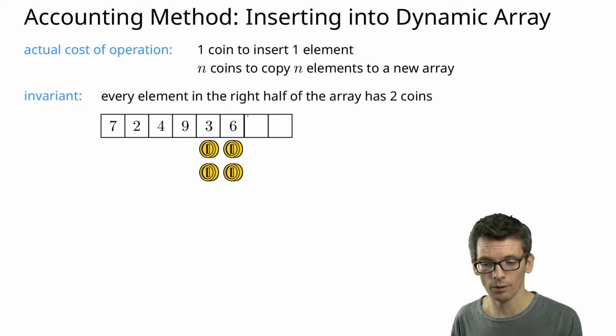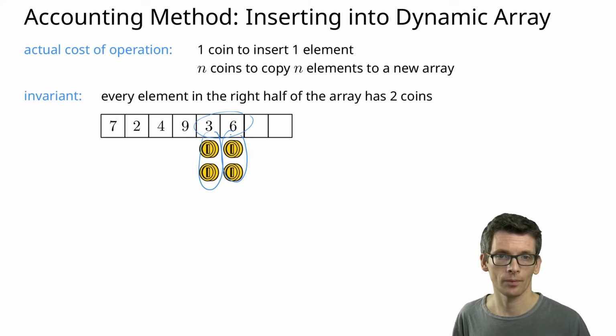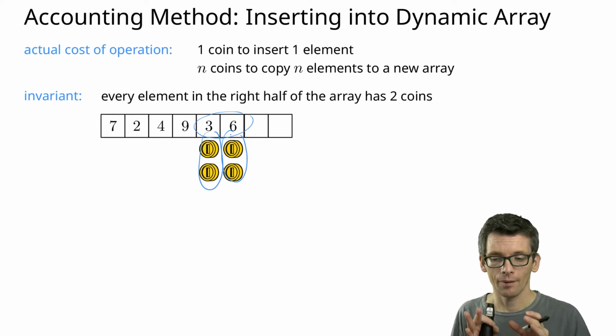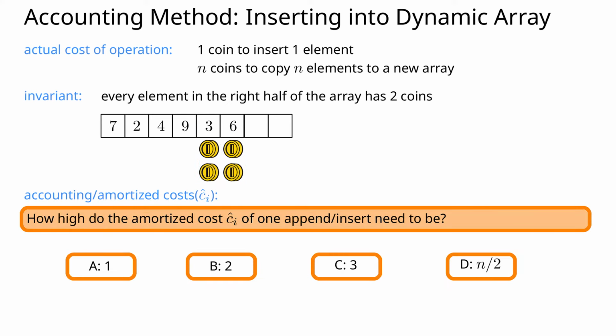Right now we only have 2 elements, and each of those has 2 coins. If this is the invariant that we want to maintain, what amortized costs do we need to assign for this to work? Should they be 1, 2, 3, or n half?